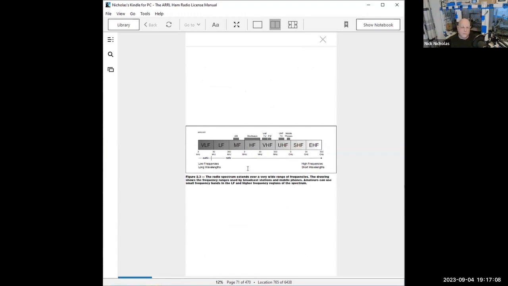We have very low waves, medium waves, high frequency waves, VHF, very high frequency waves, ultra high frequency waves, super high frequency waves, extra high frequency waves, and it goes on.